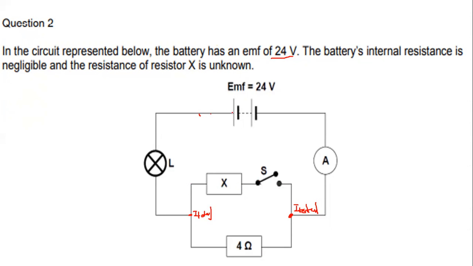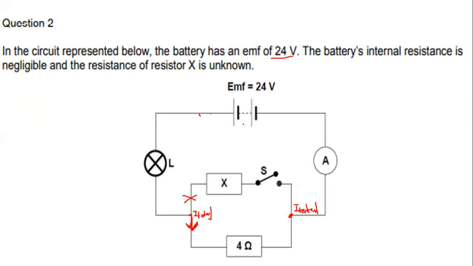So the current will come this way, this way, but then it would go that way altogether. This lane will not be working anymore. It can't be working. Why? Because the switch is open. There is no current that can flow through there.